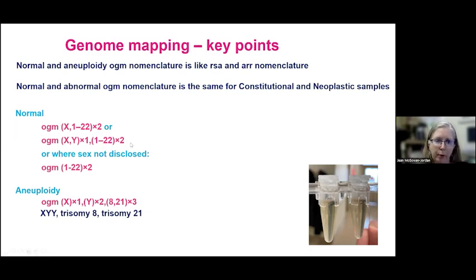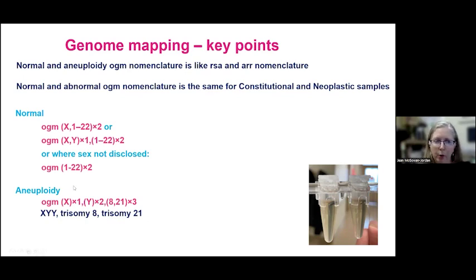Similarly for the male, or when there's the option when the sex isn't to be disclosed for some reason, to just leave those sex chromosomes out and just say 1 to 22 times 2. And you'll notice that there are no nucleotides listed for these whole chromosome aneuploidies. So like microarray, when you don't list nucleotides, you don't need to mention the genome build. So it's just OGM and then your result.